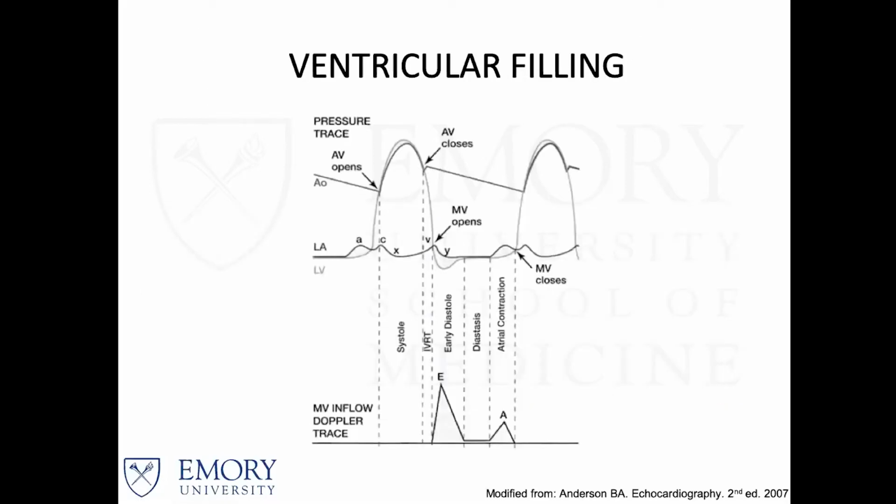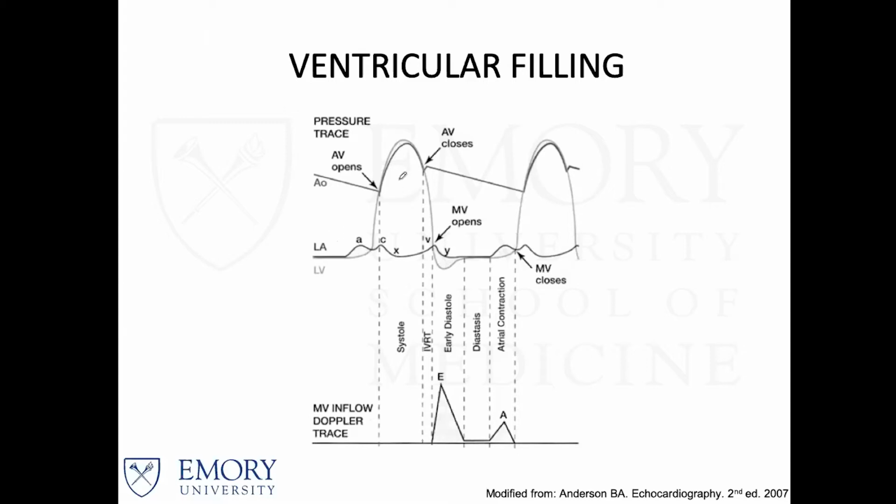Let's spend a few moments thinking about the Wiggers diagram and thinking about the cardiac cycle as it applies to the various actions and events that occur throughout the cardiac cycle in systole and in diastole. So to orient ourselves, this here is the aortic waveform.